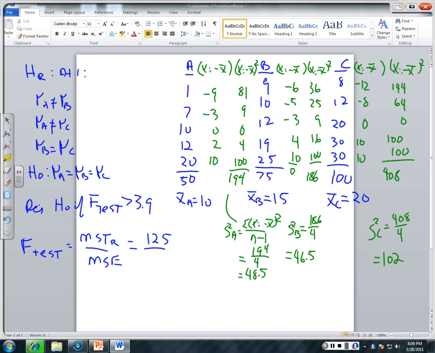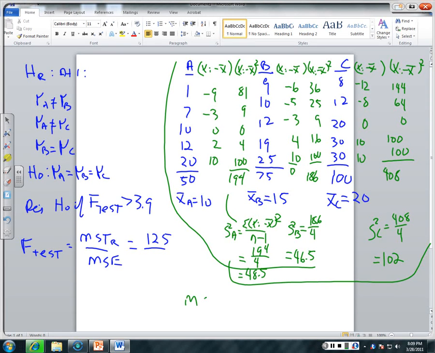So again, all of that, you should have been able to do before you walked in the door today. Compute means, compute variances. You might have had to think back and say, oh wait, variance just means I don't take the square root. It's S squared instead of S. So then we've got MSE is just the average of those three variances.